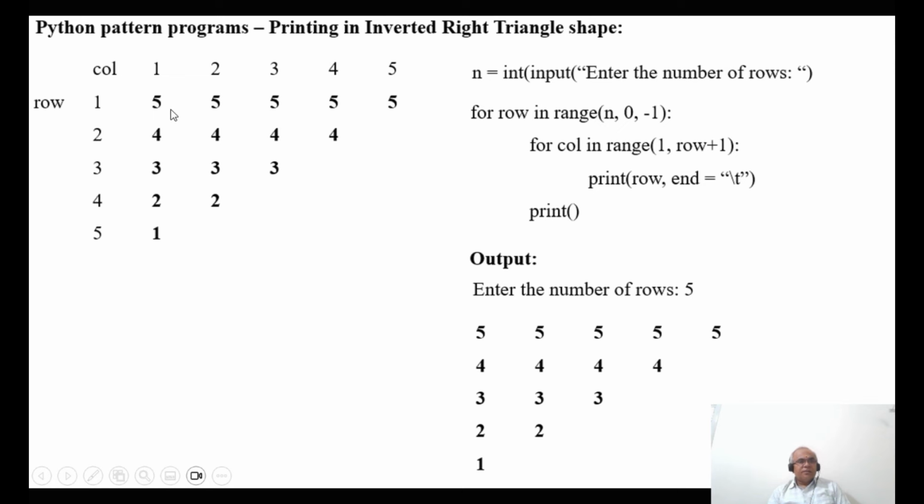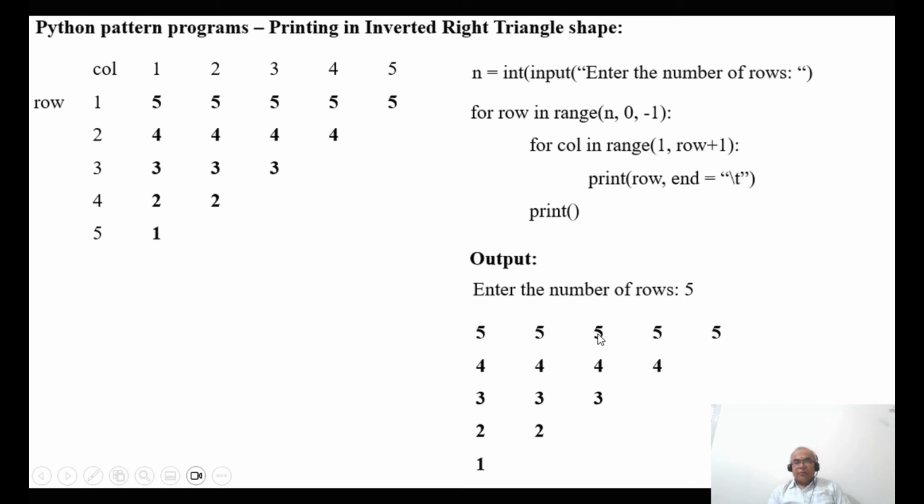What is the row number? 5. So it prints 5 here. Then column is incremented by 1, so 1 plus 1 becomes 2. 2 is within 6, the condition is true, so print row. What is the row number? 5. Again, since end is equal to backslash t, the cursor moves here.